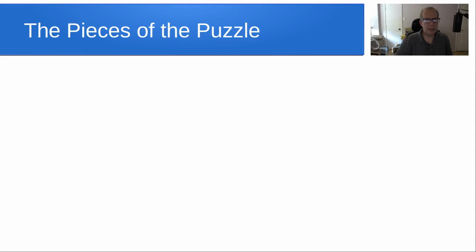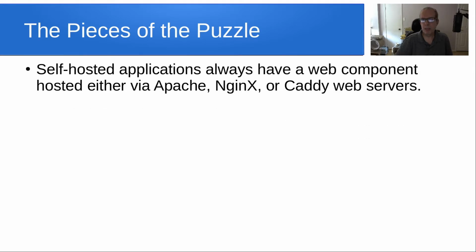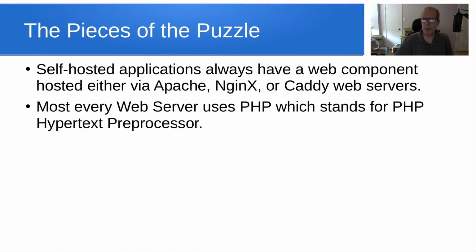So what are the pieces of the puzzle? Self-hosted applications always have a web component, hosted either via Apache, Nginx, or Caddy web servers, which are the most common. Most every web server uses PHP, which stands for PHP Hypertext Preprocessor.